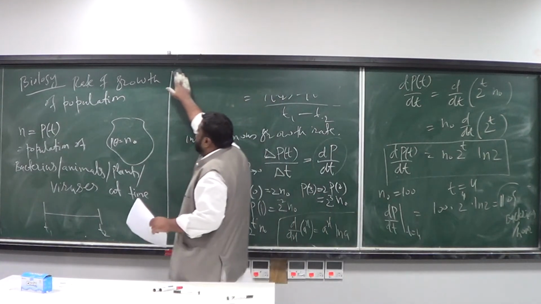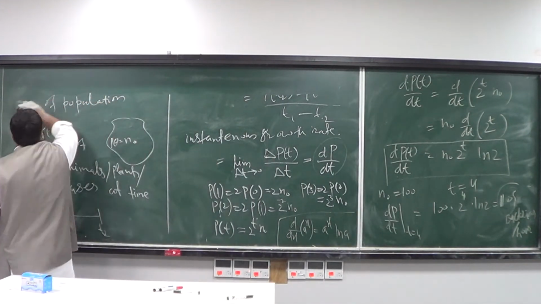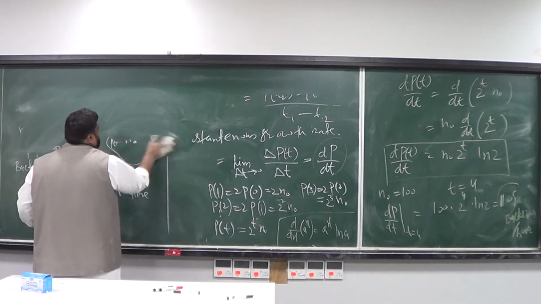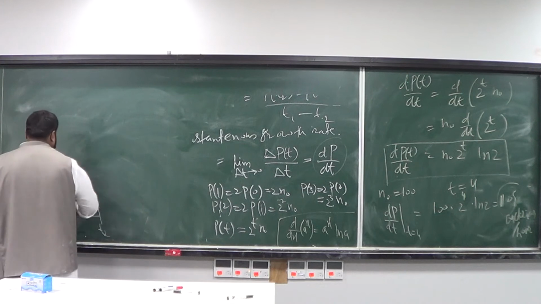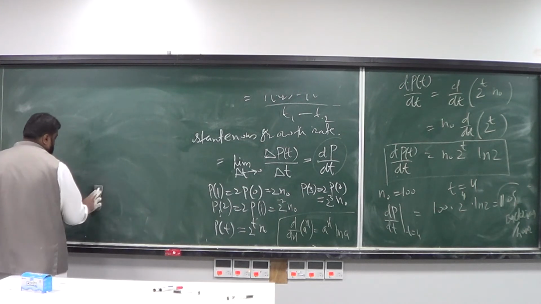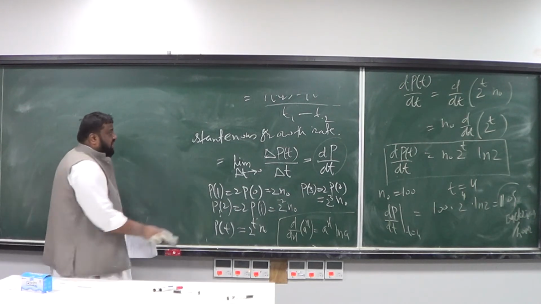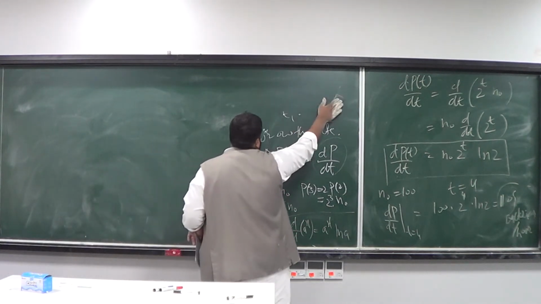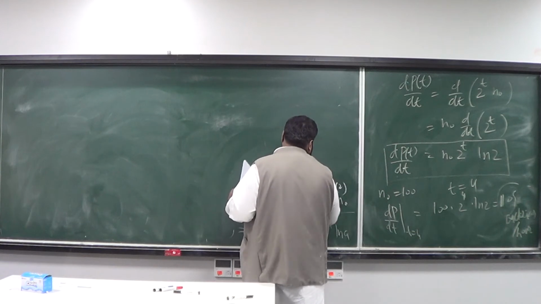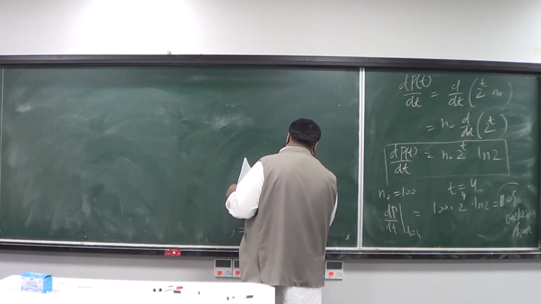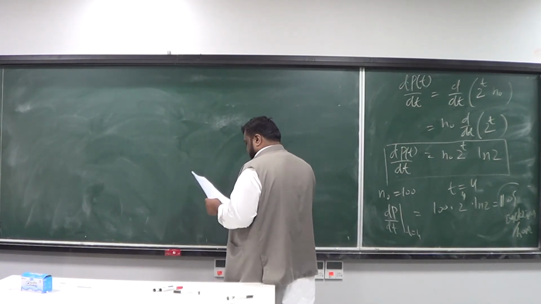Another example that I would like to do from biology is the blood flow in the vessels. I'm interested in knowing what is the rate of the blood flow in the human vessels, say, over a period of time.